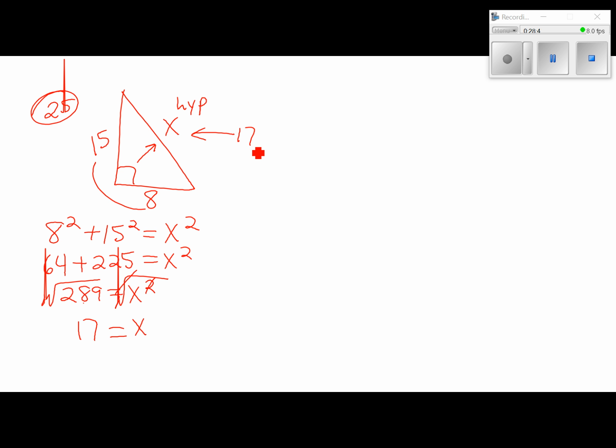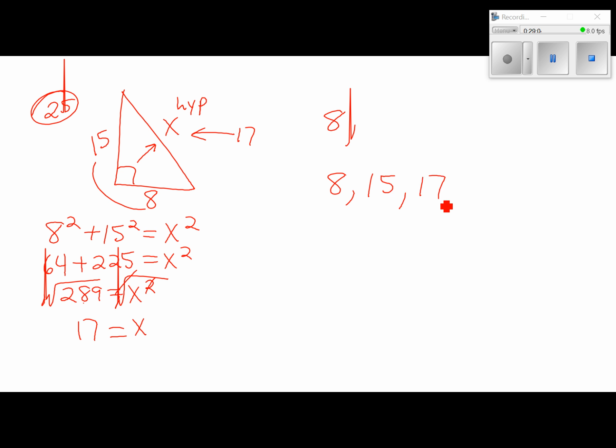And this leads me into what I want to talk about next, and that's the fact that sometimes you have special sets of numbers that are always going to work for Pythagorean's theorem. One of those special sets is: one leg is 8, one leg is 15, then the hypotenuse is always 17.